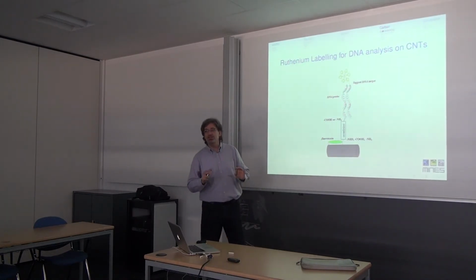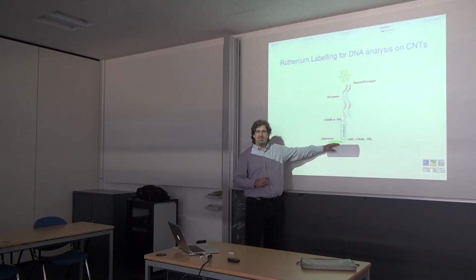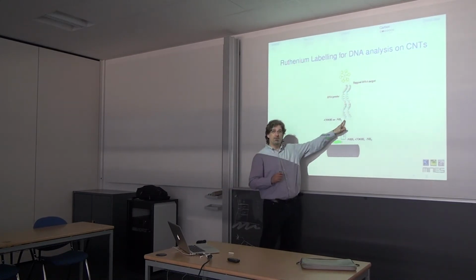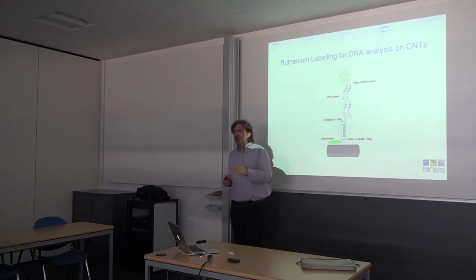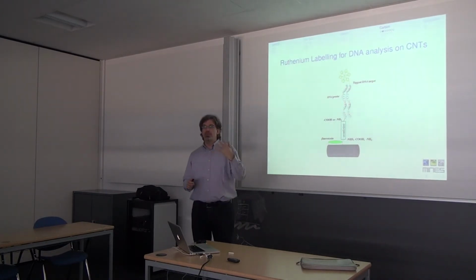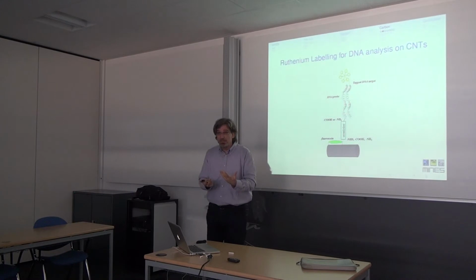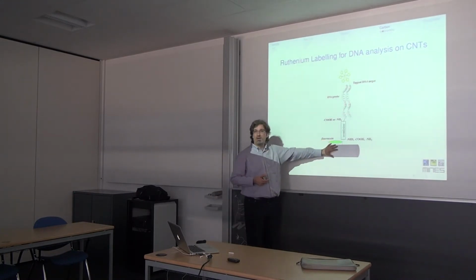Yes, the fluorescein for us is just a linker, because the biochemical people who were working with me are very expert in putting fluorescein on top of carbon nanotubes, so we decided to use this.